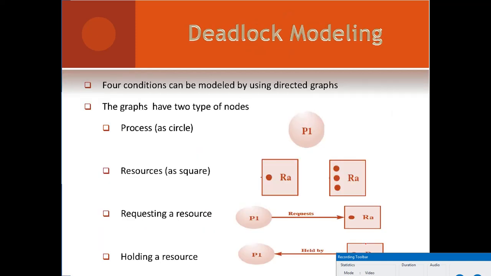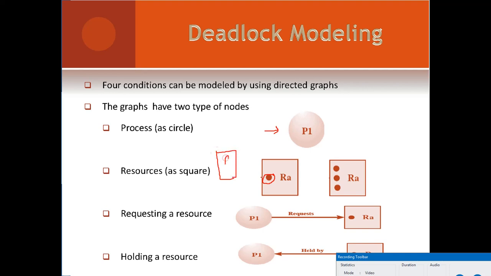Now these are modeled by using shapes. What are the shapes that we are going to use? Process will be depicted by a circle. Resource will be depicted by a square, and this dot symbol indicates the number of instances of a resource. Suppose I say that there are 3 printers available with the system. So when I draw a resource, I will draw the resource printer like this.